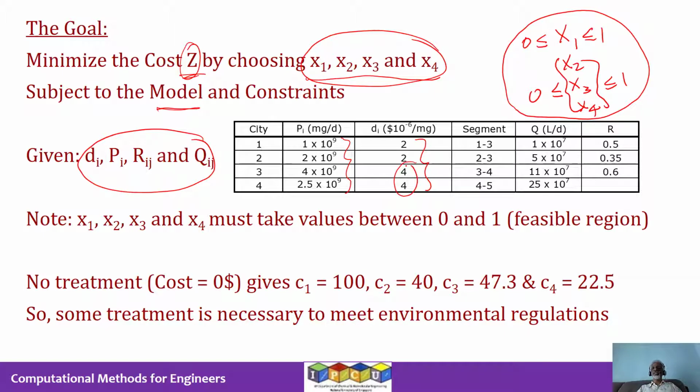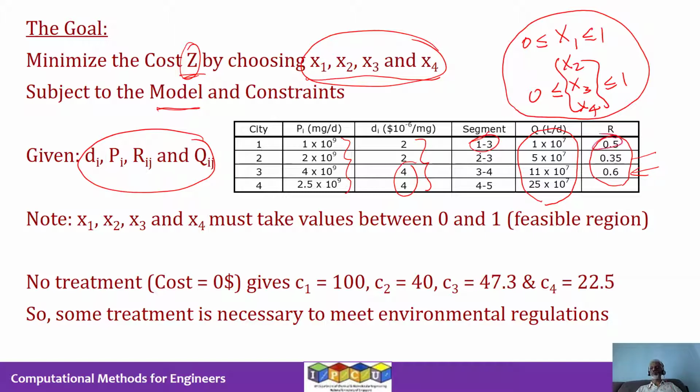And the cost is per milligram, it is 2 into 10 to the power of minus 6 dollars for cities 1 and 2, and it is going to be 4 into 10 to the power of minus 6 dollars per milligram for cities 3 and 4. And the flow rates in the different segments are given here in liters per day. And the effect of the environment in treating the waste naturally through natural processes, those values are R12, R23, and R34, right?